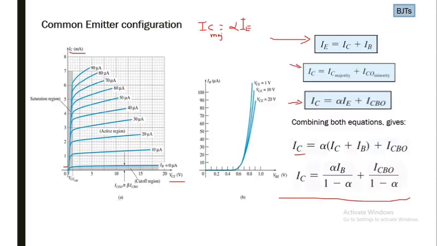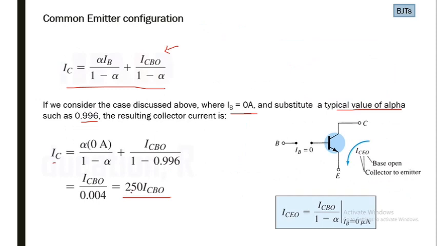Now going back to the graph, if we have IB is equal to 0, we will have 250 times reverse saturation current. So in this case, if you have a very small value of ICBO, that will be amplified by 250 times, so that will become IC for IB is equal to 0.